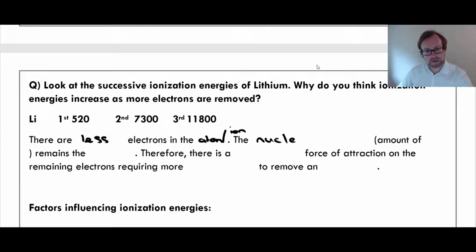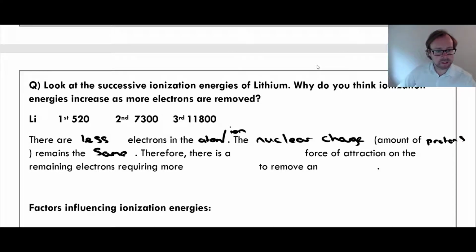The nuclear charge, which is our amount of protons, remains the same. So we're not changing the number of protons in our atom or ion of lithium.